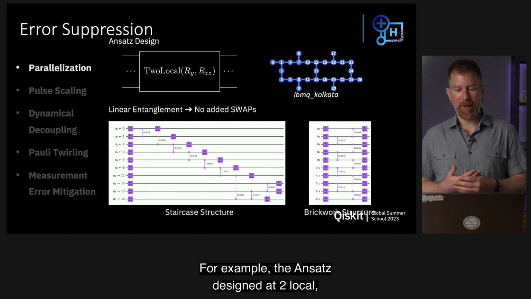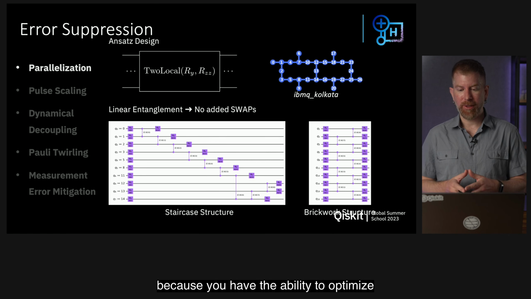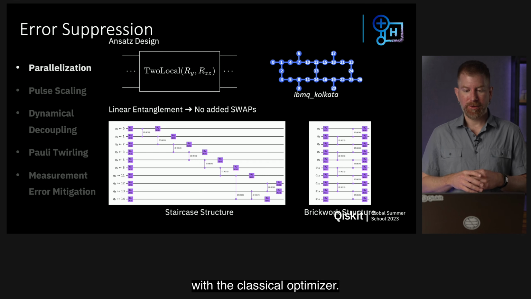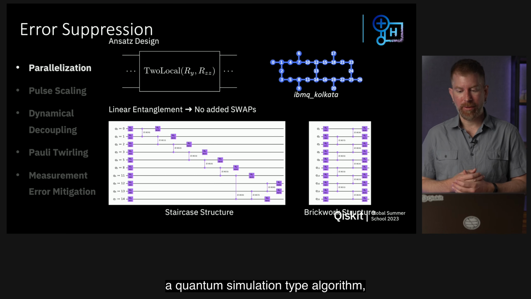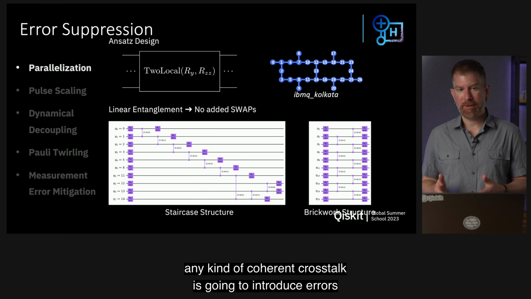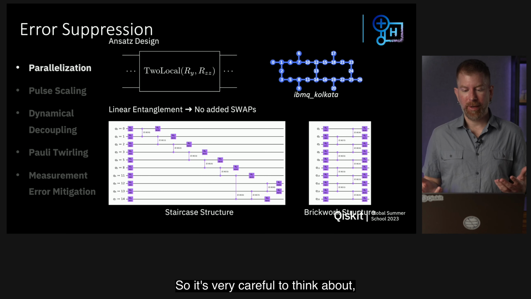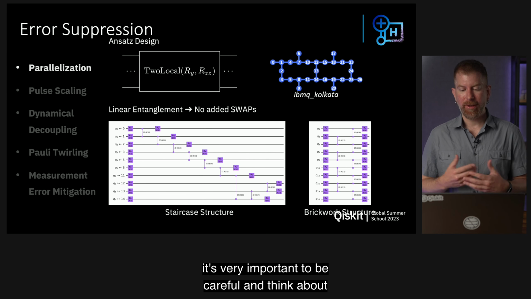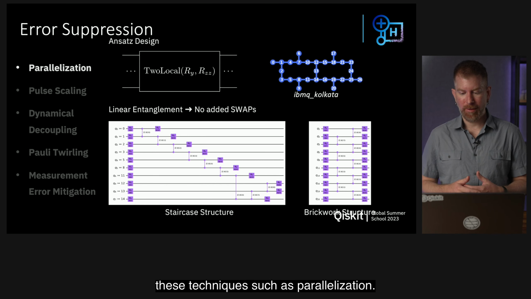For example, the ansatz design of 2 local, usually you would not care about crosstalk so much because you have the ability to optimize with the classical optimizer, so any kind of coherent errors could be washed out, quite possibly. However, if you're doing a quantum simulation type algorithm, any kind of coherent crosstalk is going to introduce errors that can ruin your algorithm. So it's very important to be careful and think about what you're doing when you're approaching these techniques such as parallelization.